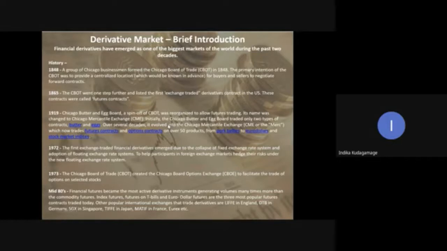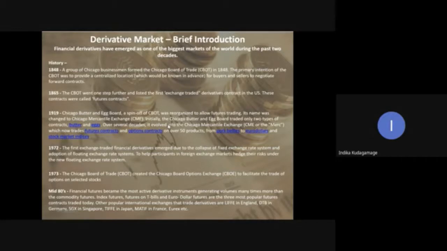So they started the Chicago Board of Trade, mainly one place to buy and sell. Because they had other products, individually they can't sell everywhere, so they got a single place to buy and sell to these customers. Then in 1865 we started the futures contracts.